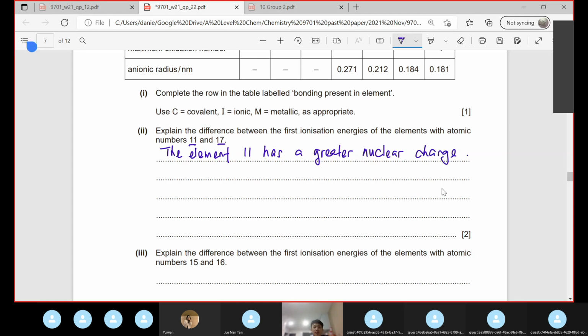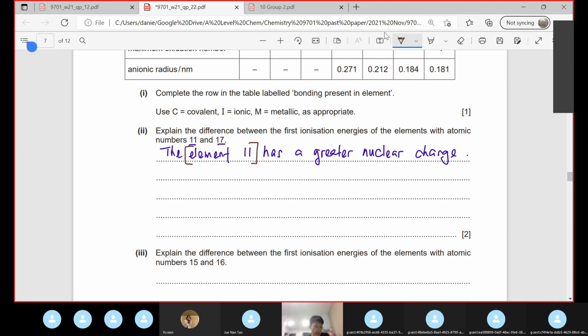I believe they accept the short form, since they show it in the mark scheme. Element 11 is the short form for the element with atomic number 11.